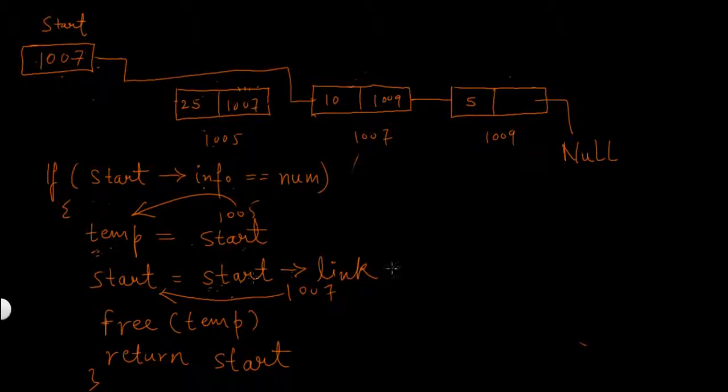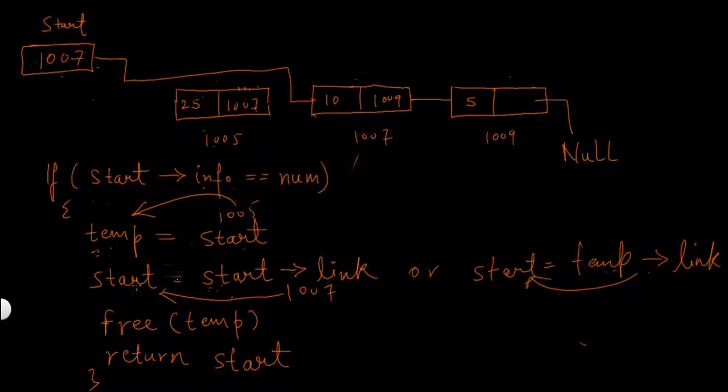Now instead of this statement you can also use this one: start equals temp arrow operator link, because temp is also storing the address of the first node. So temp arrow operator link will also mean the link part of the first node, which is the address of the second node. So the address of the second node will be assigned to start. So both these statements are the same.